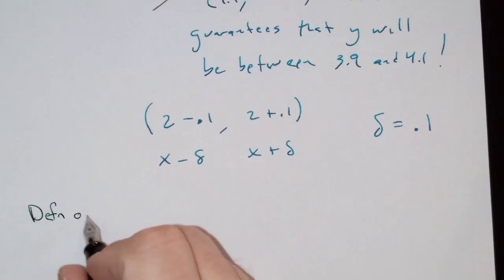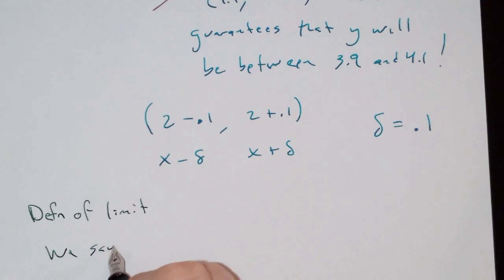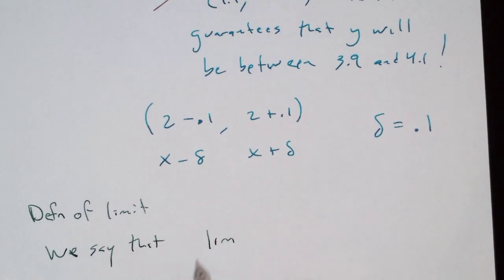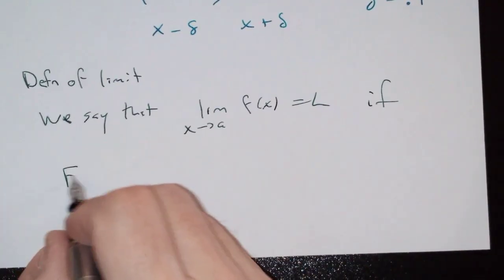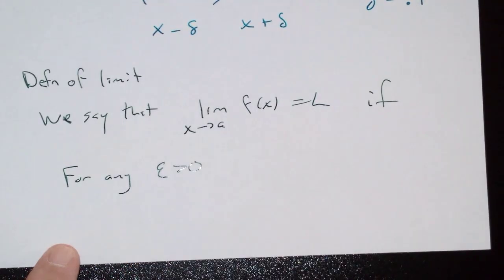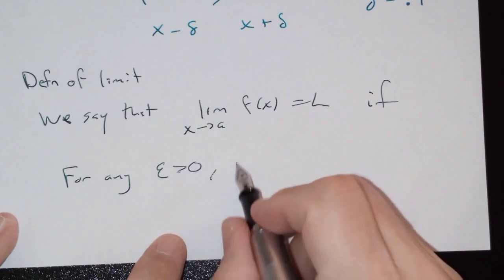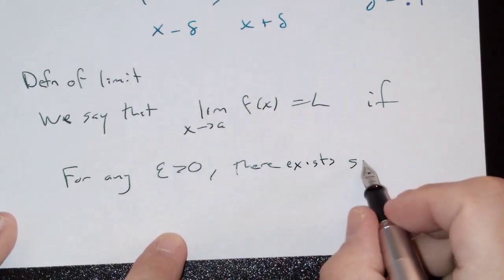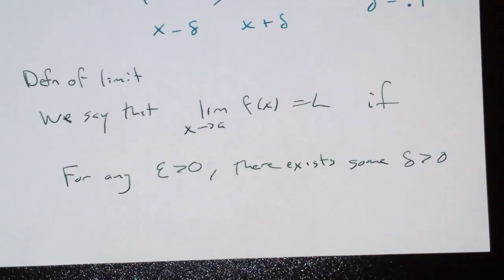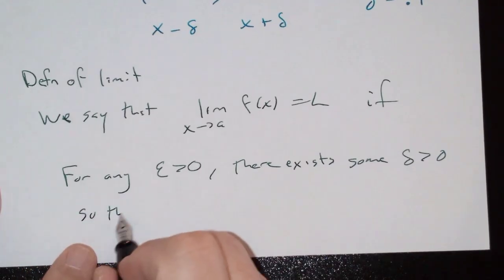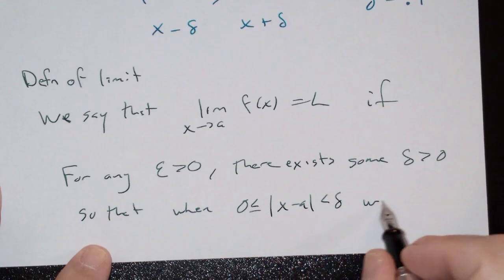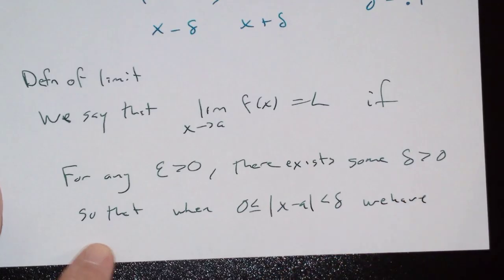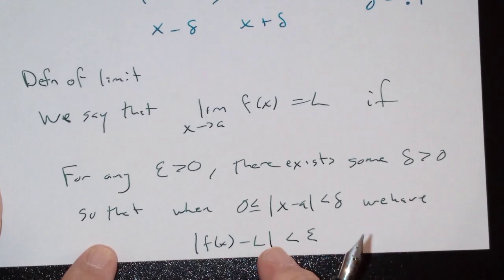The definition of a limit: no matter what epsilon value you give me, there is some delta so that if I'm close enough to A, then the Y value is close enough to L.